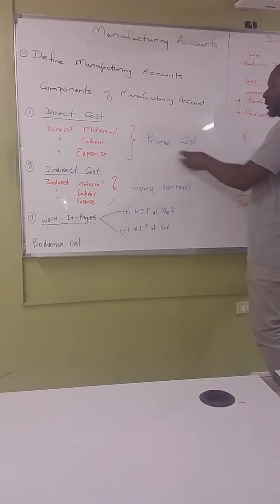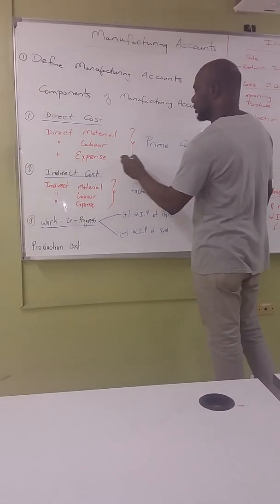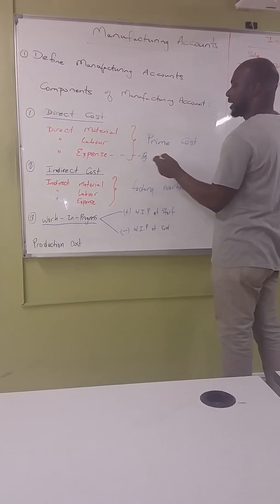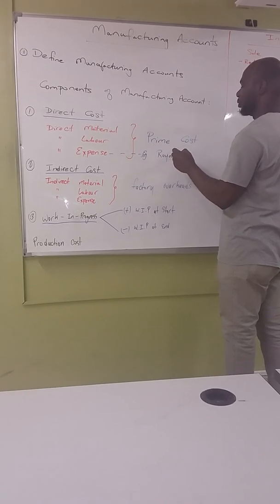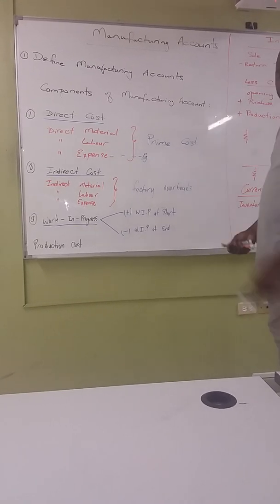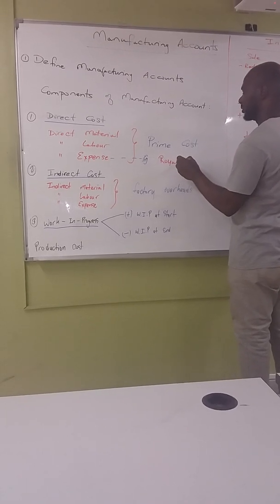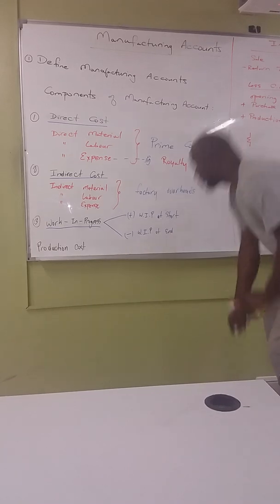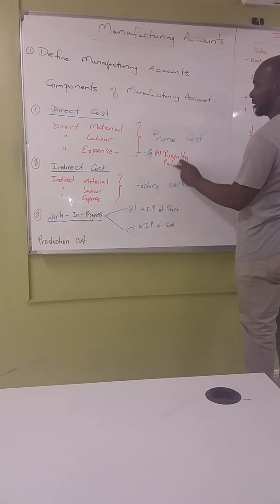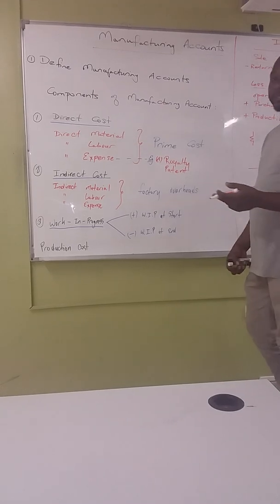Alright? Now I want to continue as it relates to direct expense in the manufacturing account. Some examples of direct expense are what we call royalties, royalty, and what we call P-A-T-E-N-T, patent, or some persons pronounce that patent.